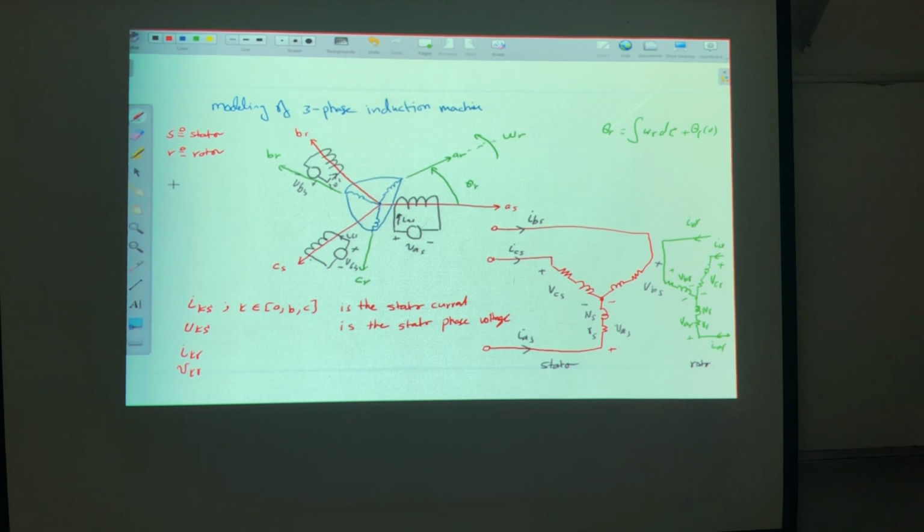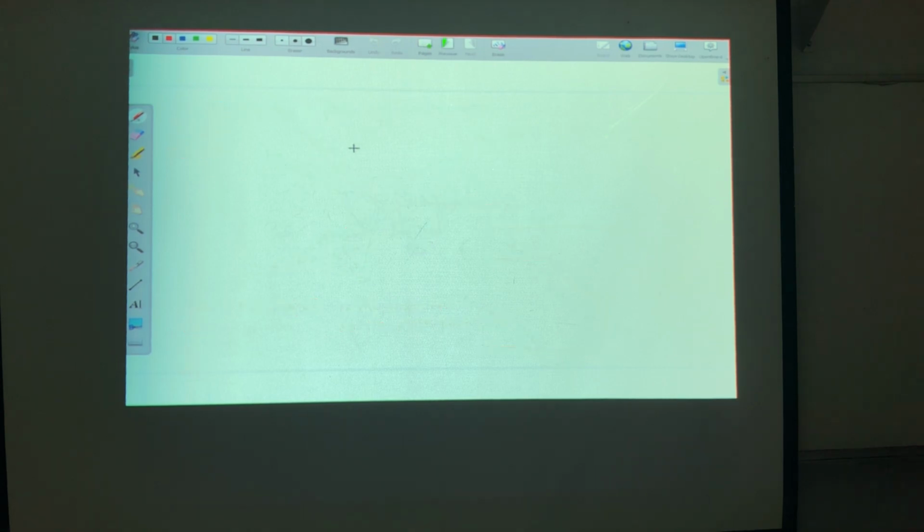And also, I can use the notation F_ABC to represent a vector of F_A, F_B, F_C, where F can be any function.